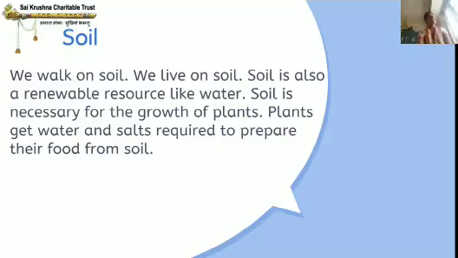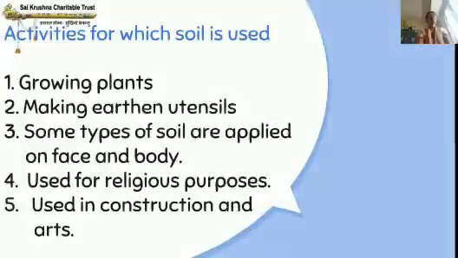So we walk on soil, we live on soil, and soil is necessary for the growth of plants, and plants get water and salts required to prepare their food from soil.